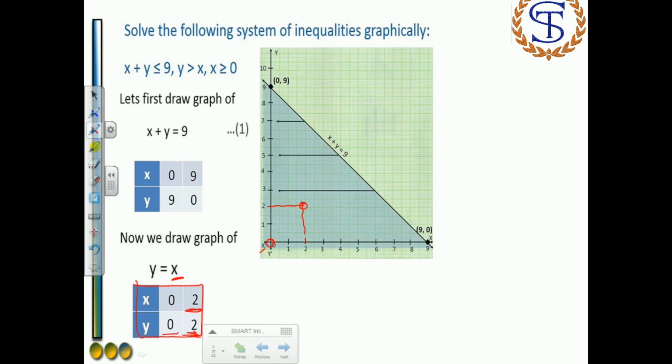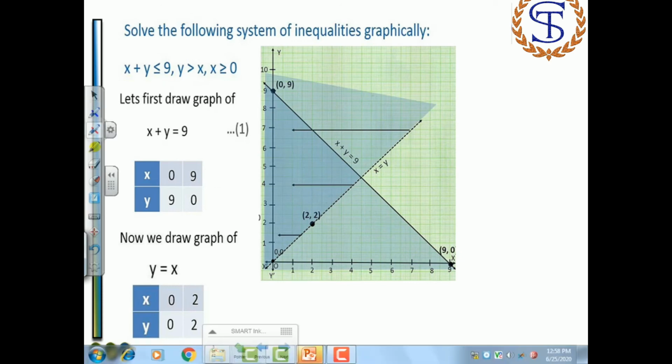If we join these two, then this is the line y equal to x. Here we have plotted the graphs of the two inequations given to us, that is x plus y equals 9, and here y equal to x.